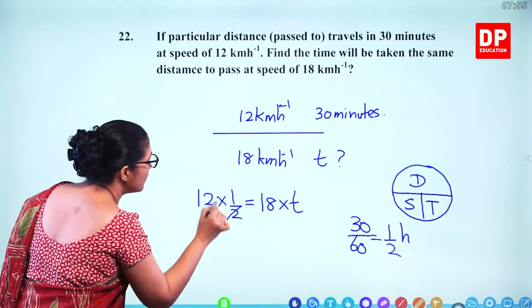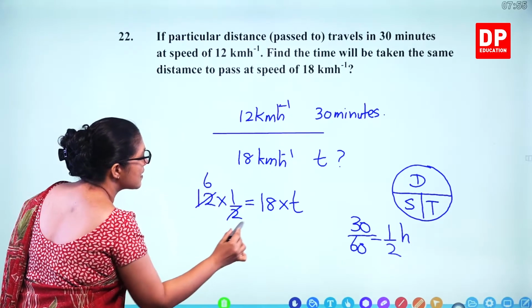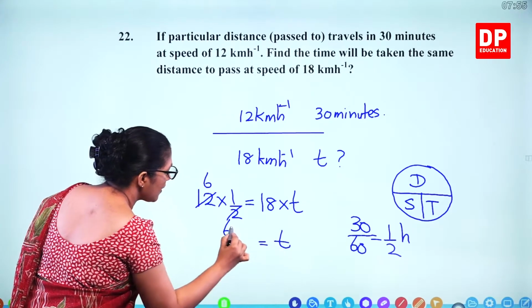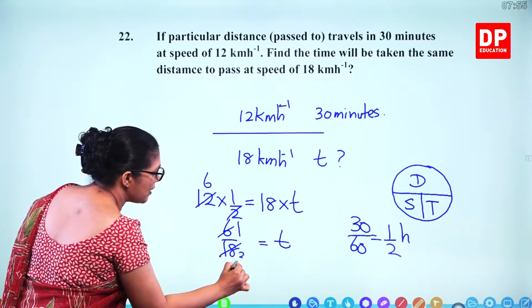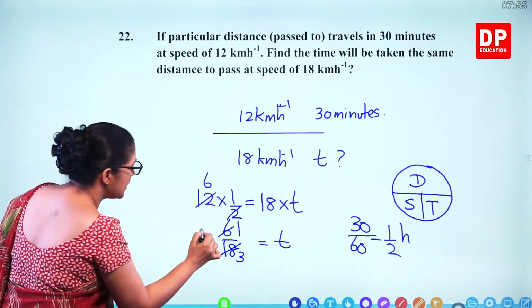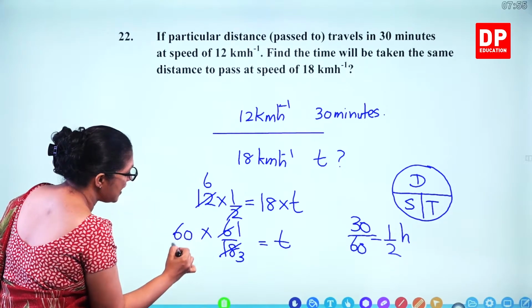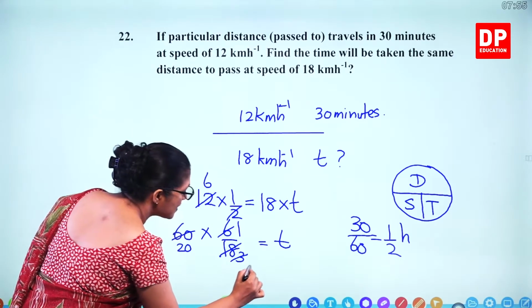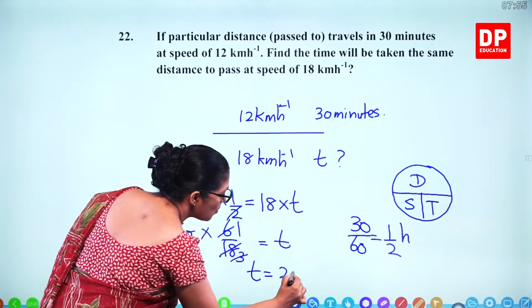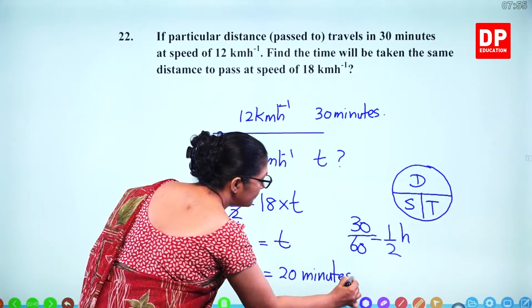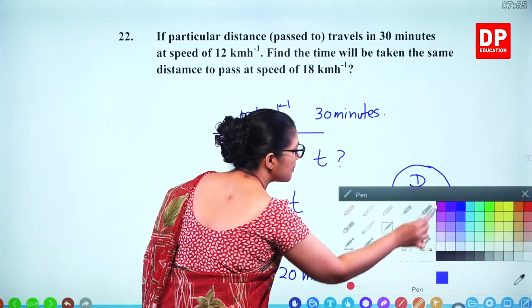This is 6, 6 divided by 18, that's 1/3 of an hour. Convert to minutes, multiply by 60. You get 20 minutes. So time is 20 minutes. So 2 marks for that.